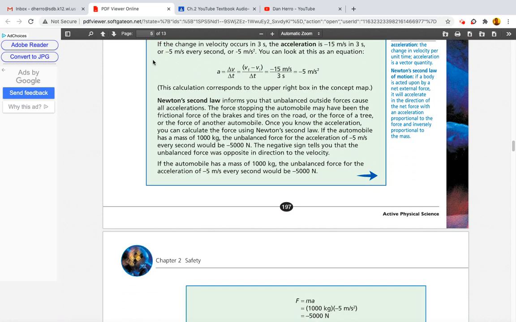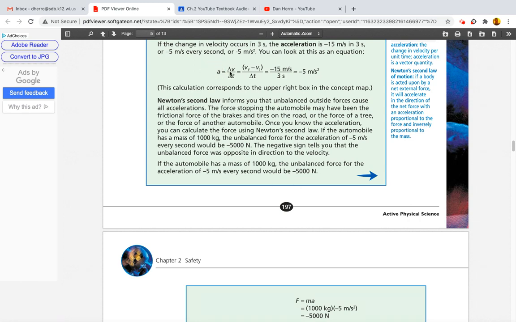If the change in velocity occurs in 3 seconds, the acceleration is negative 15 meters per second in 3 seconds, or negative 5 meters per second every second, or negative 5 meters per second squared. You can look at this as an equation.